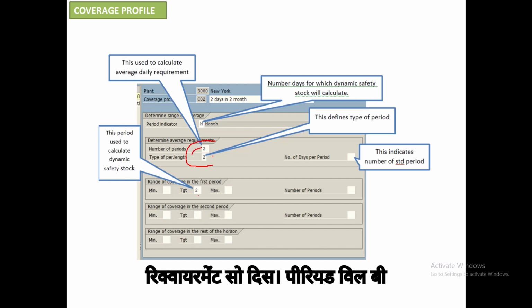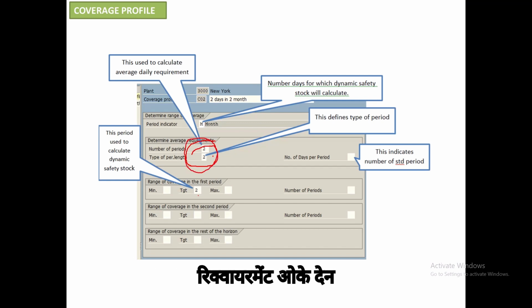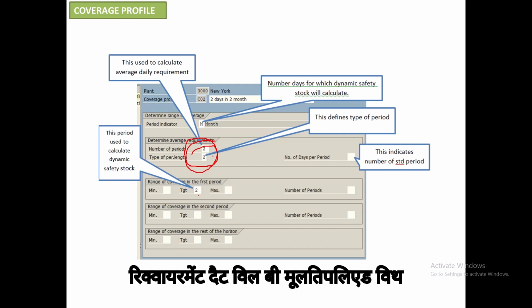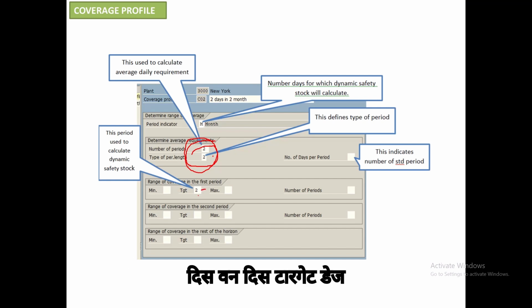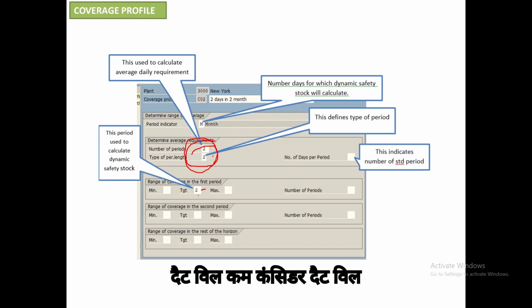The average daily requirement will be multiplied by the target days, how many days of cover you have maintained, and that will come as your dynamic safety stock. Let's go to the formula.